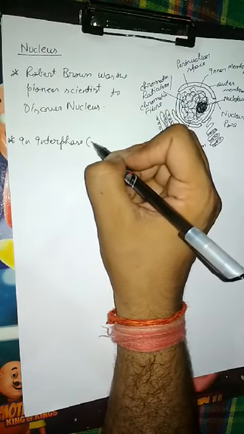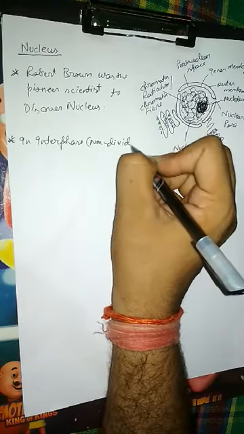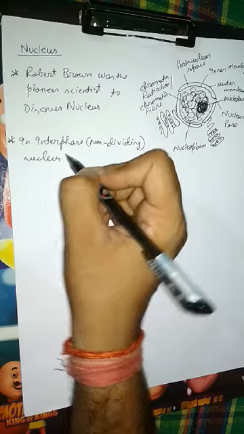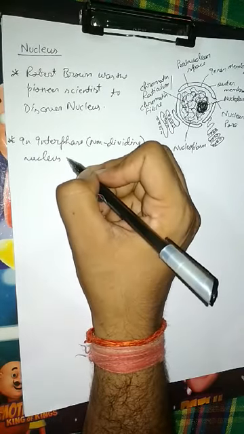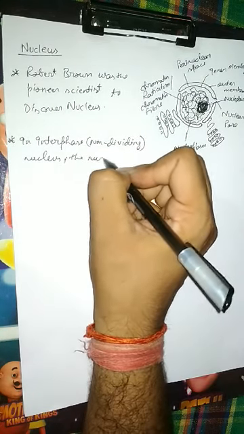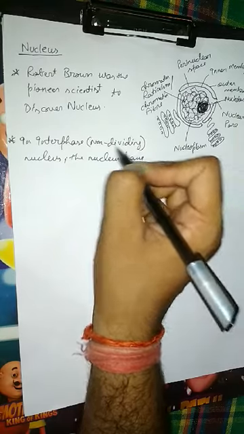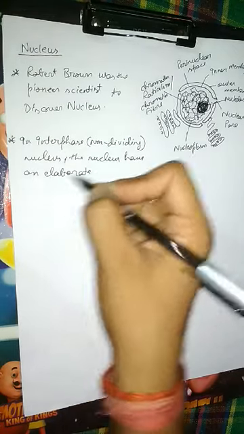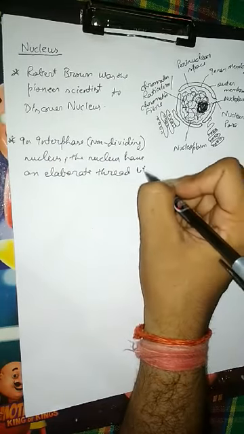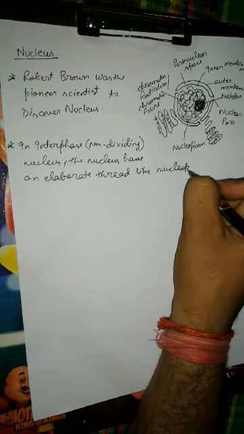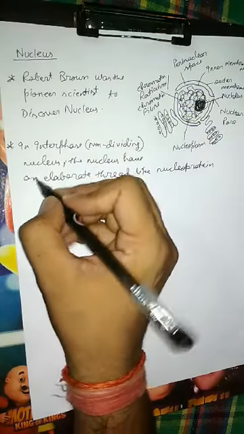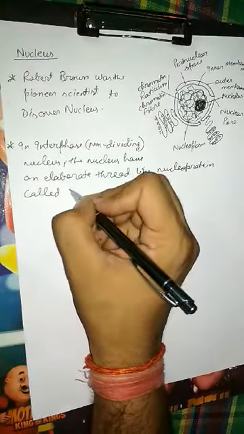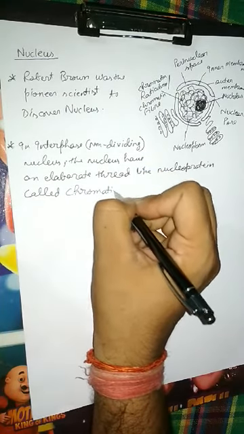In the interphase nucleus, the nucleus has an elaborate thread-like nucleoprotein called what?